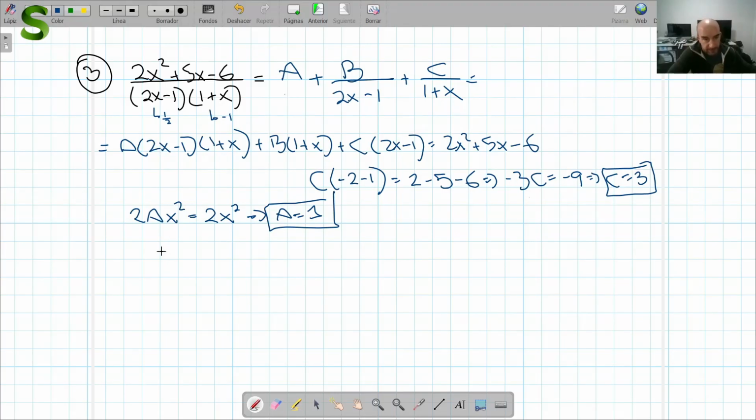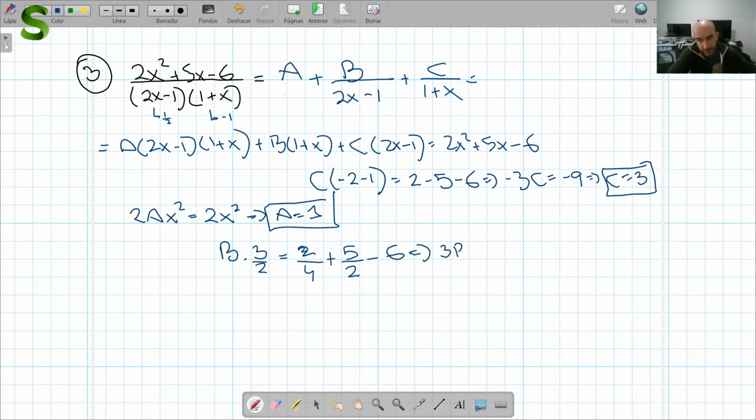And with those two, we can now introduce the factor of a half. So we see that the factor of a half is going to be this one, and this one goes away. So we have b times 3 halves equals 2 quarters plus 5 halves minus 6.